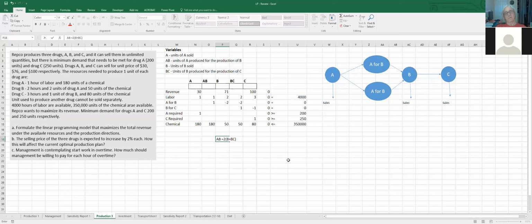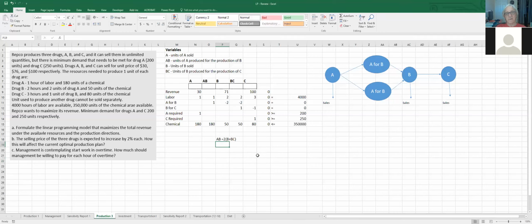Example, let's assume I produce 10 units of A that are dedicated for the production of B. Then I can produce only 5 units of B in all. And this is the B plus BC. So that's why these constraints.